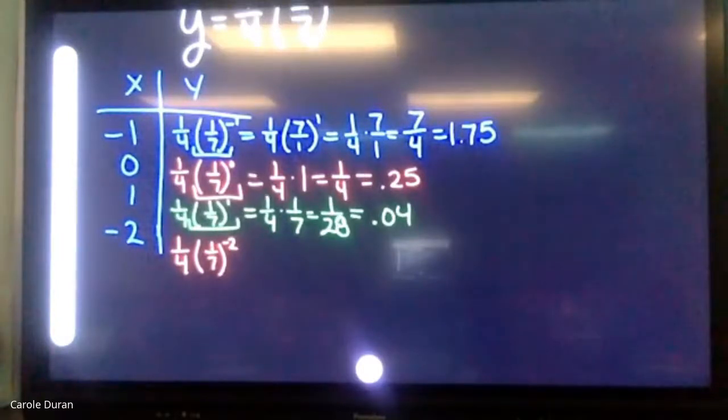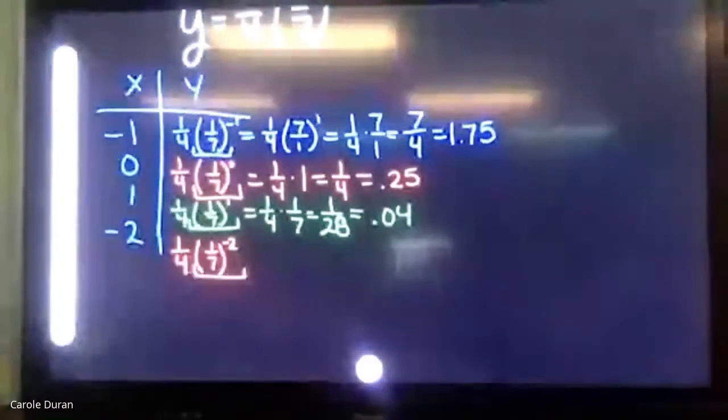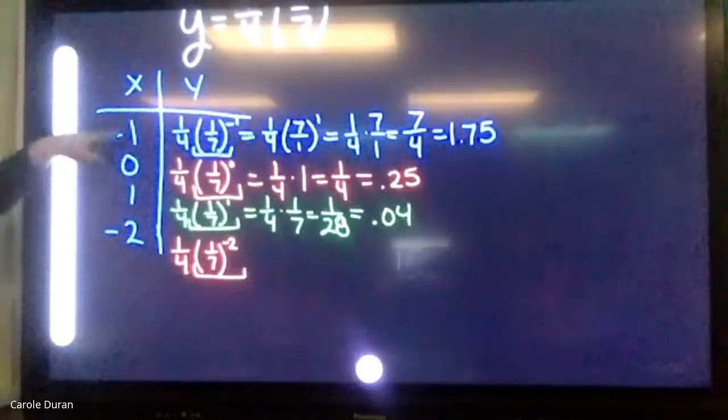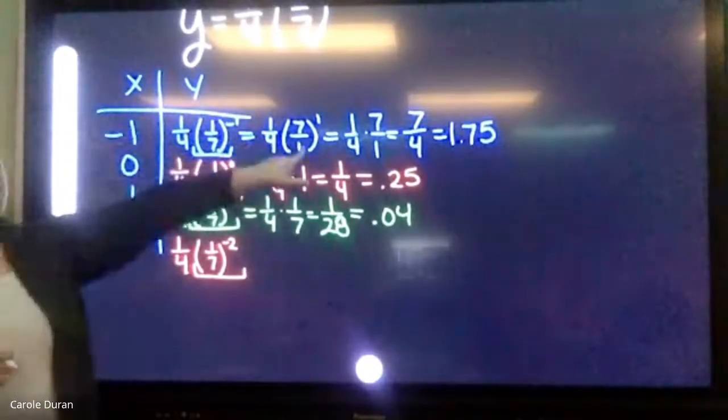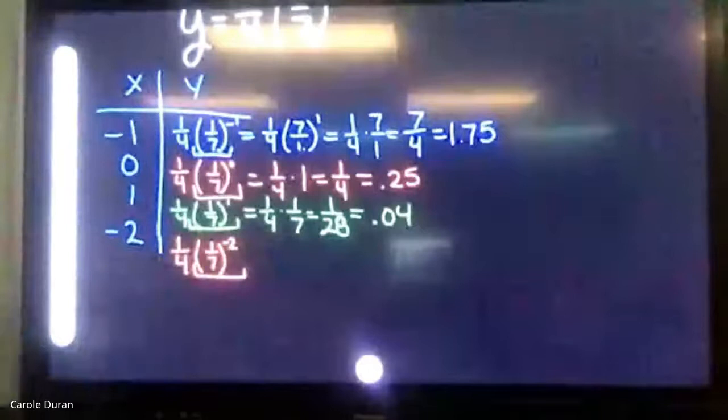Okay, Grant, talk me through this one. What do you mean by I have to do the exponent first? Okay, so what is that -2 power going to do? What did the negative power do on this one? What happened from here to here?